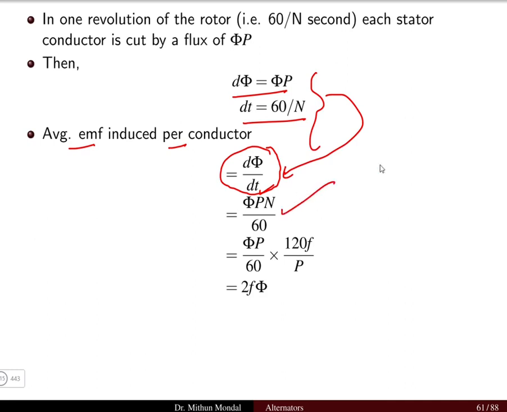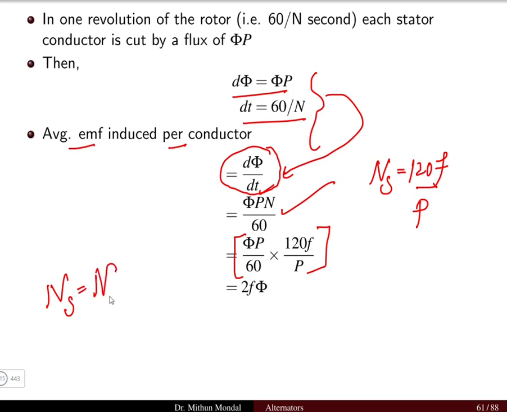If we substitute the synchronous speed of the machine, that is 120F/P, we get ΦP/60 into 120F/P. In a synchronous machine, the speed of the rotating magnetic field is equal to the rotor speed. So this gives the average EMF per conductor as 2FΦ.